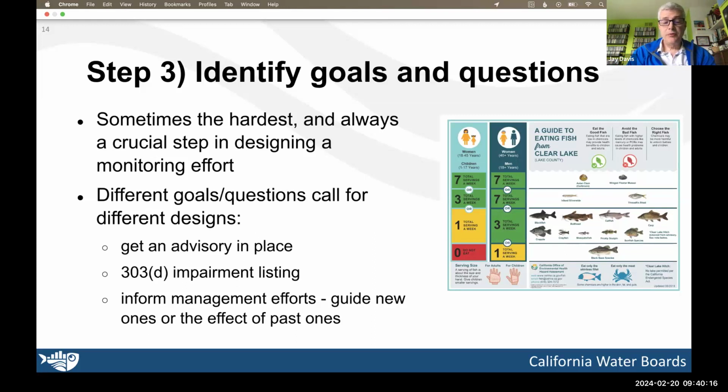Another type of goal is to inform management efforts, either guiding new ones or the effect of past ones. Sometimes there are intentional efforts to clean up contaminated sites around a lake, like mine sites. Sometimes aerators are installed to try to reduce methylmercury accumulation in the food web, and there's a need for monitoring to know if that type of action works.